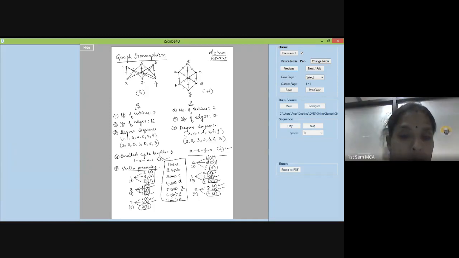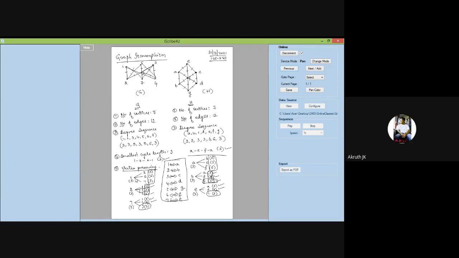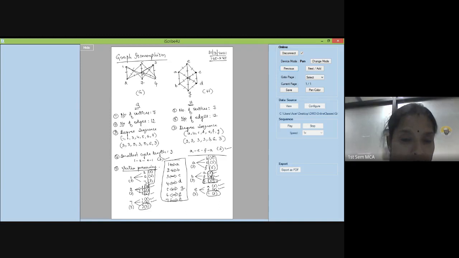That means there is a vertex 1 which is adjacent to 3 vertices having degree 3, 6 and 3. In H also we have a vertex A which is adjacent to 3 more vertices with the degree 3, 3 and 6. Hence I can say 1 is equivalent to A. Are you clear?